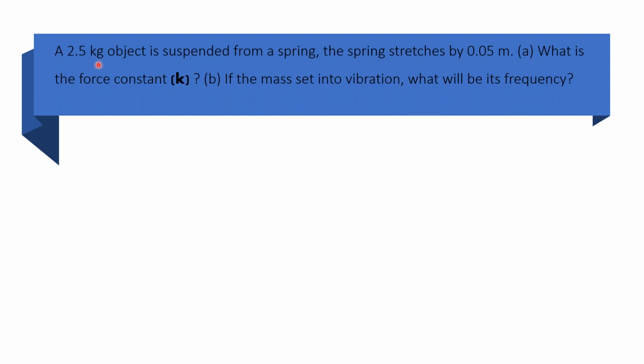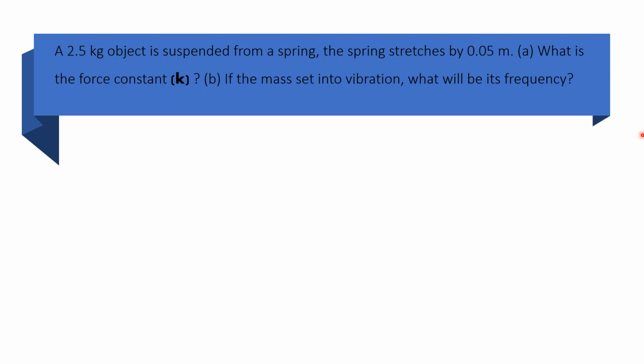Suppose that a 2.5 kilogram object is suspended from a spring, and then the spring stretched by 0.05 meter. So, the question is, A, what is the force constant or the constant force k? B, if the mass is set into vibration, what will be its frequency?